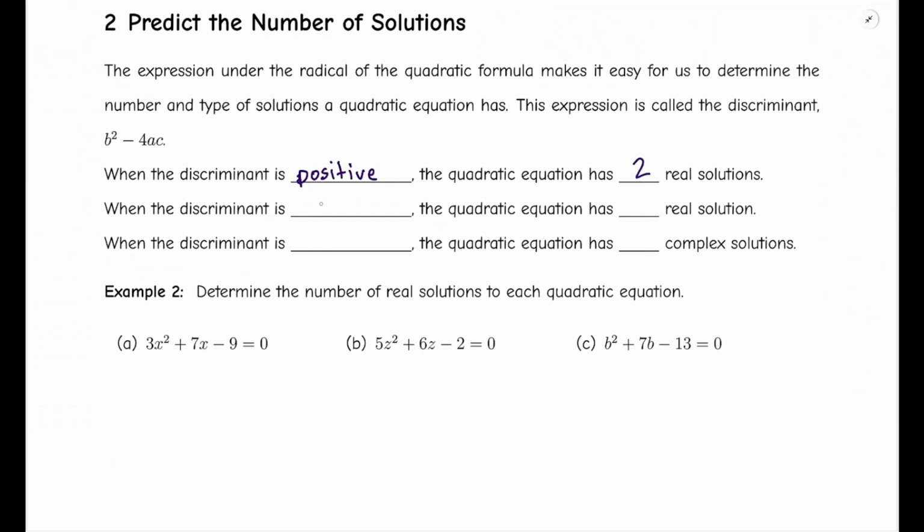When the discriminant is 0, the quadratic equation has 1 real solution. And when the discriminant is negative, the quadratic equation has 2 complex solutions or 0 real solutions as well.